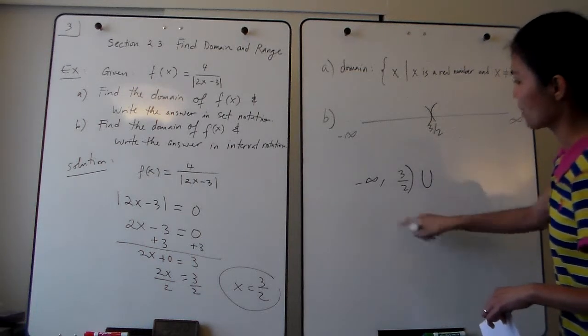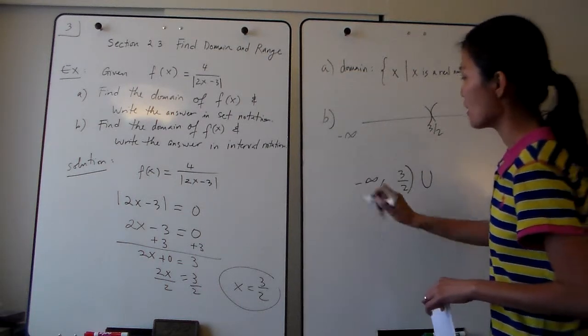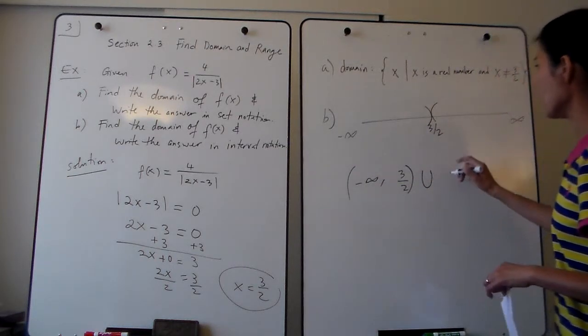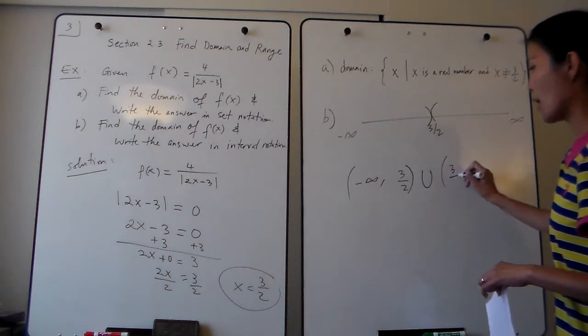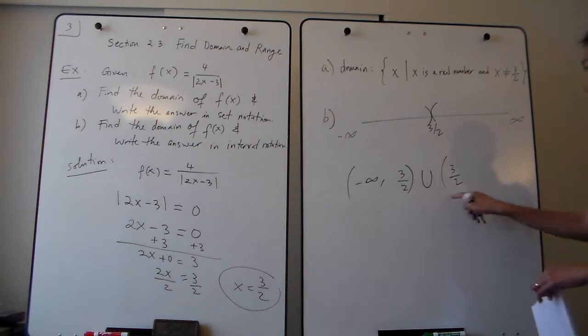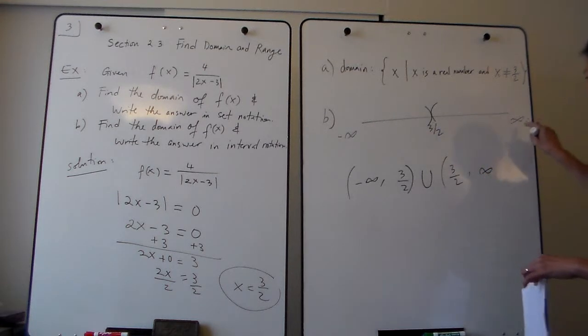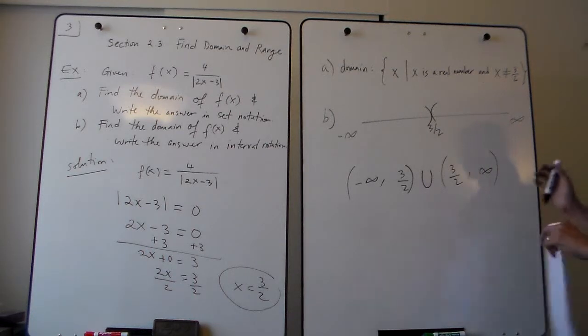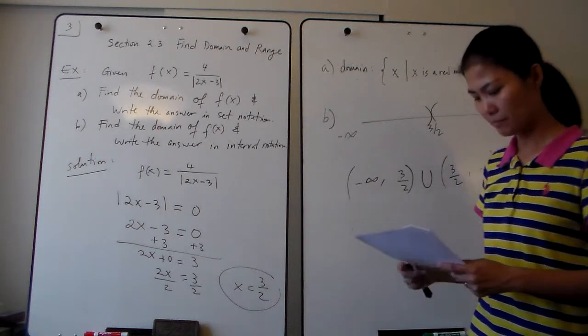Make sure you use the union. For negative infinity, we use a left parenthesis, union with 3/2 to infinity, where we're not including 3/2, and for infinity, we write a parenthesis. So this is the answer for this example.